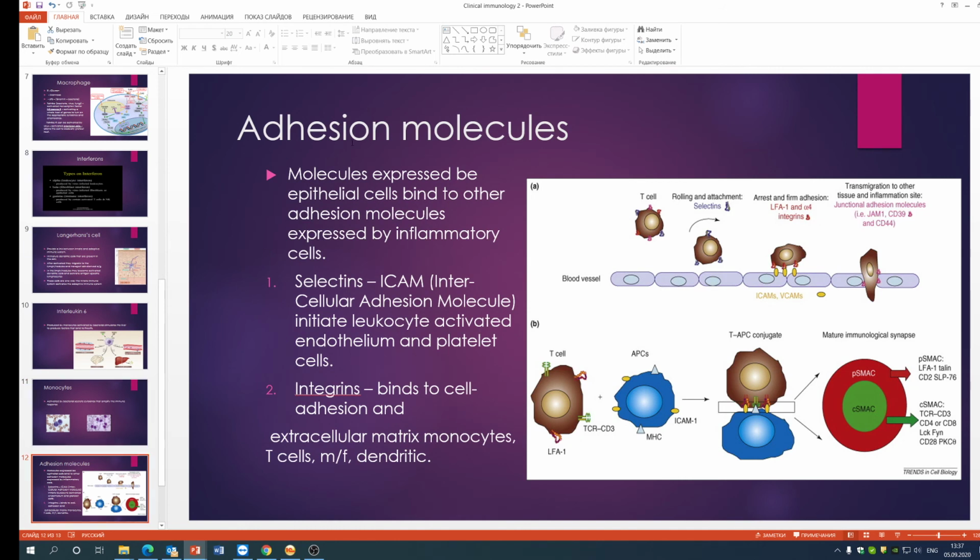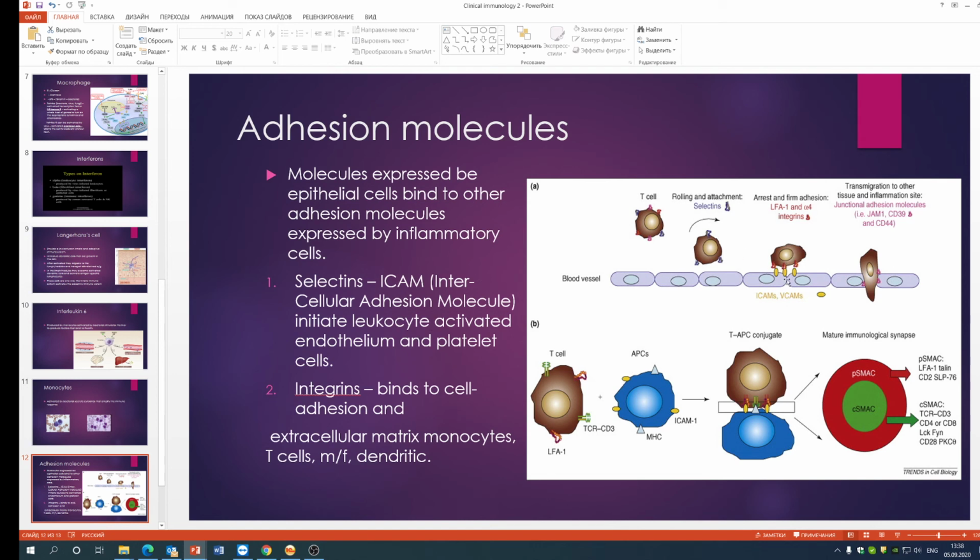Very important now are adhesion molecules. These molecules expressed by endothelial cells bind to other adhesion molecules expressed by inflammatory cells. There are two types. Selectins and intercellular adhesion molecules initiate leukocyte activation of endothelium and platelet cells.